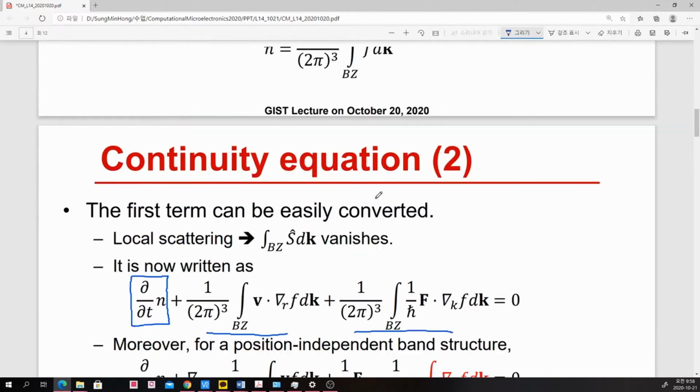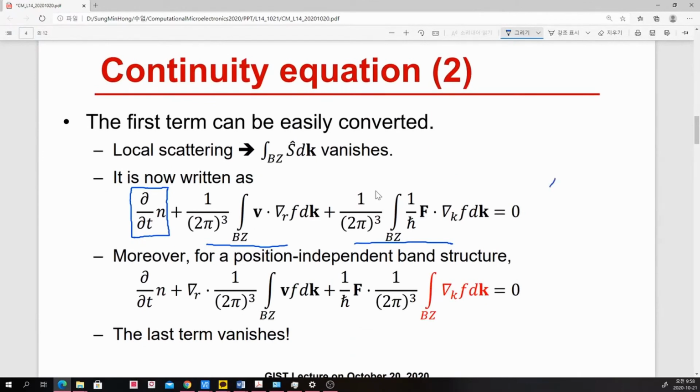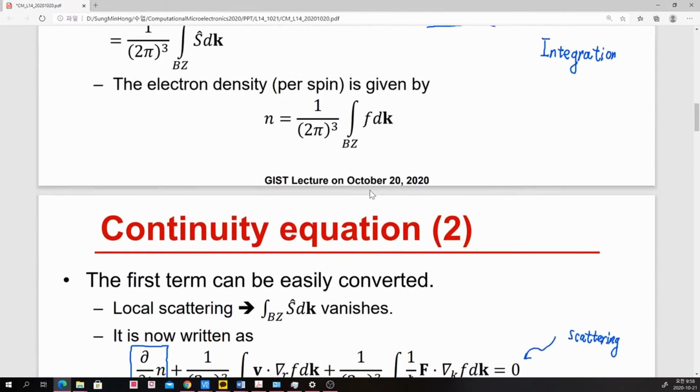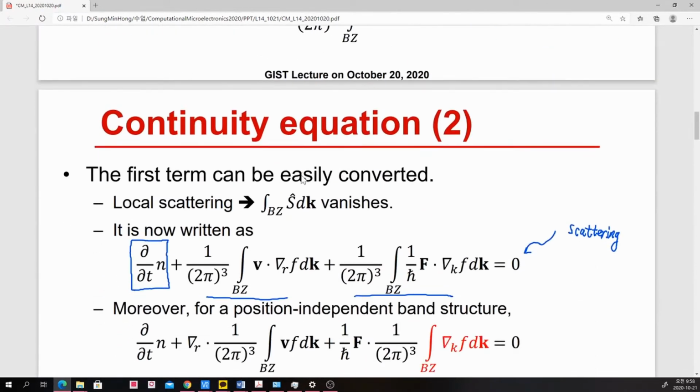Okay, here you can see that the right hand side term is related with the scattering, and this term is just vanishing here. So please think about this one. On the right hand side, we have to perform the scattering over the momentum space.